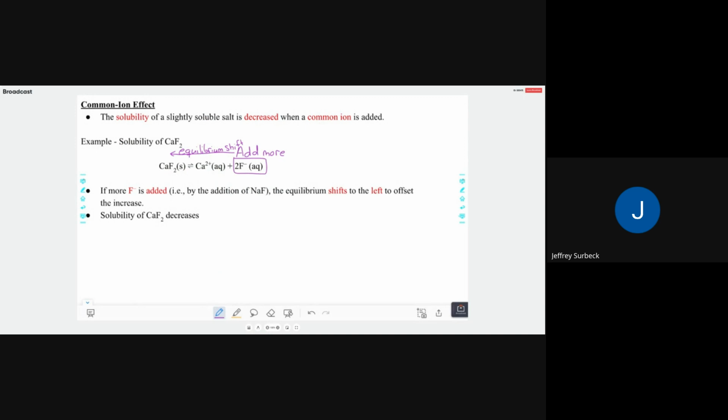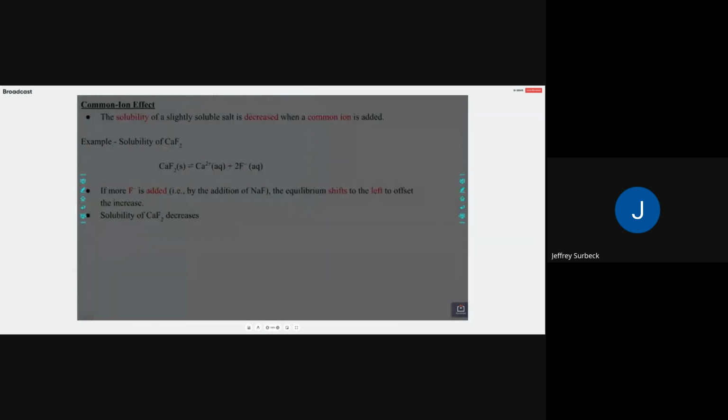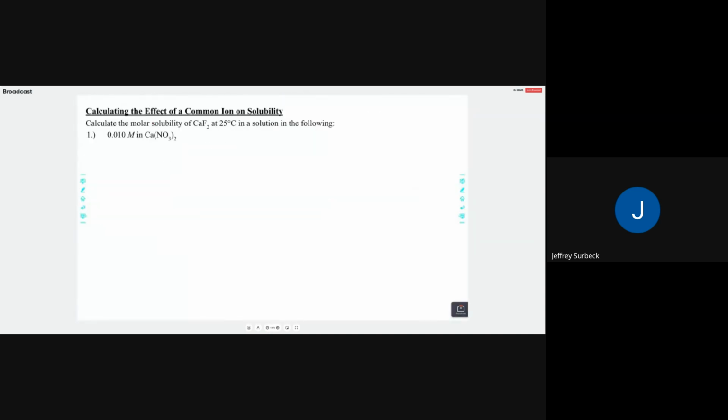What we want to do now is identify specific numerical values that can affect that. So let's go through. We'll do a couple of examples, and they're related to each other, so we'll get to use quite a bit of information here. The first one is if we want to know the molar solubility, Ksp, of calcium fluoride.